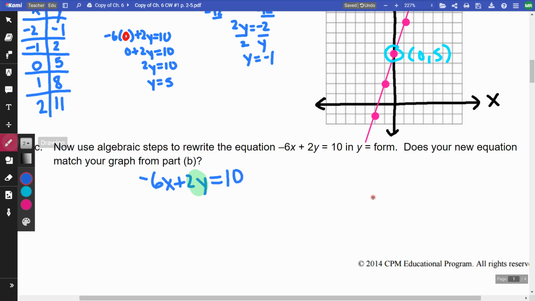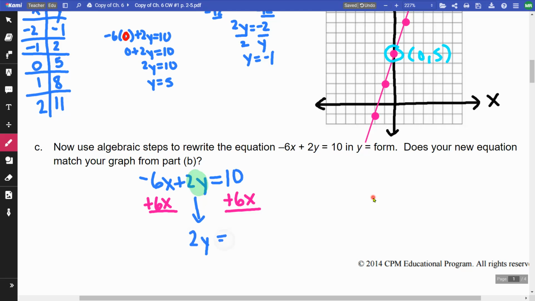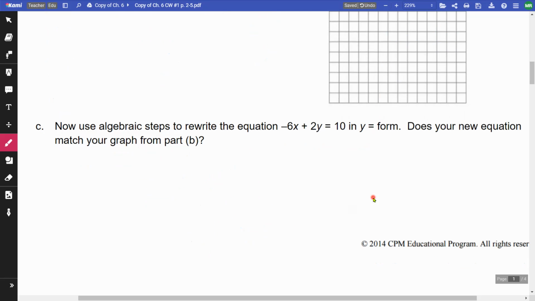So to undo a -6x, I'm going to add 6x to both sides. Now, when I do that, I end up with just a positive 2y on this side. And here, you can either write it as 10 plus 6x, or I'm going to write my 6x first and then put my plus 10. It doesn't matter the order of my 6x and my 10.